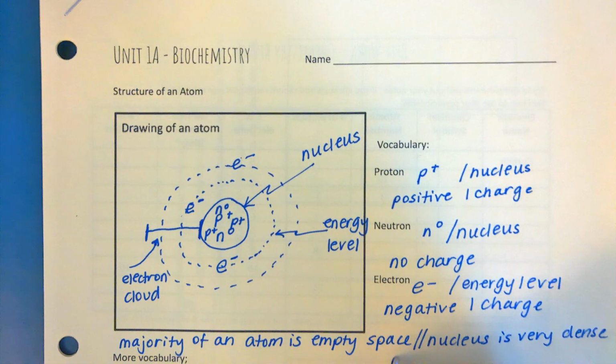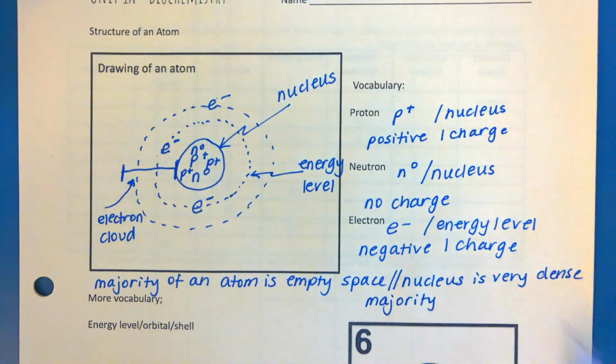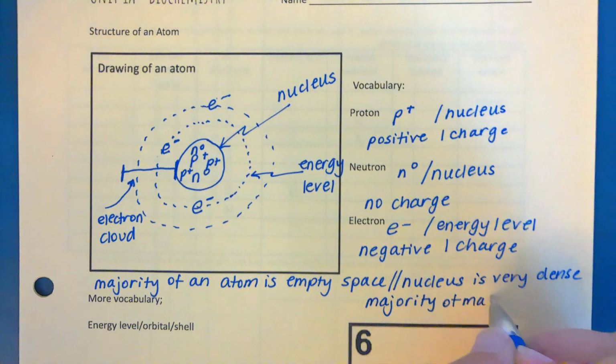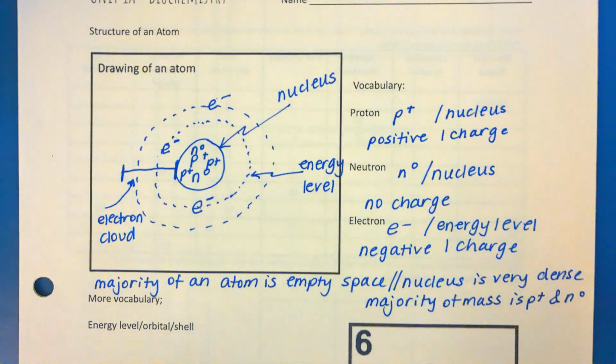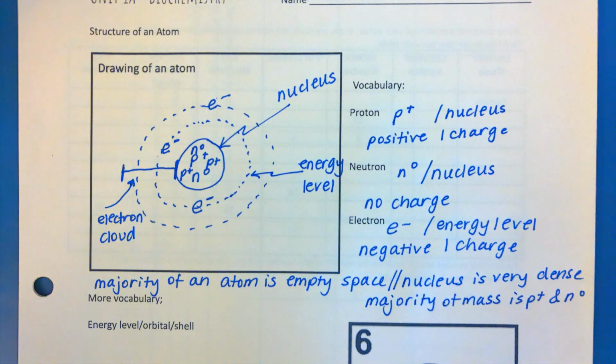So the majority of mass is in protons and neutrons. Electrons don't really have much weight to them at all.